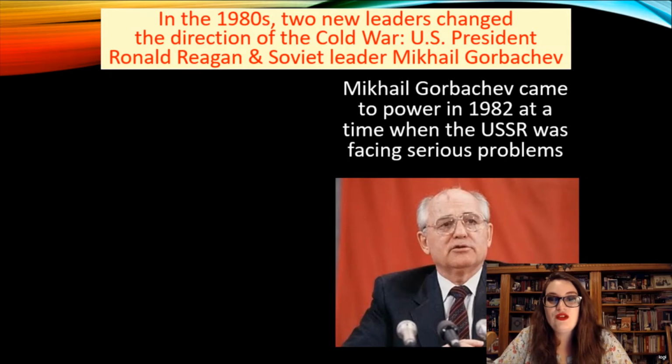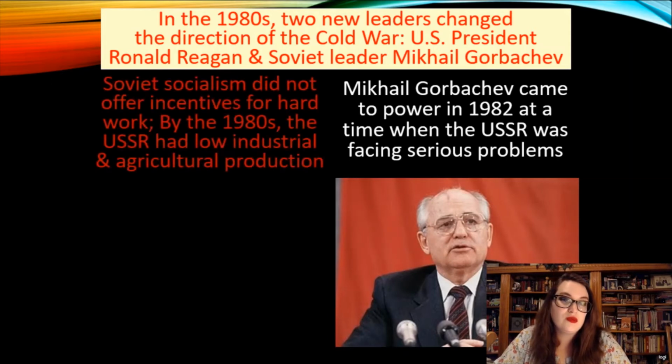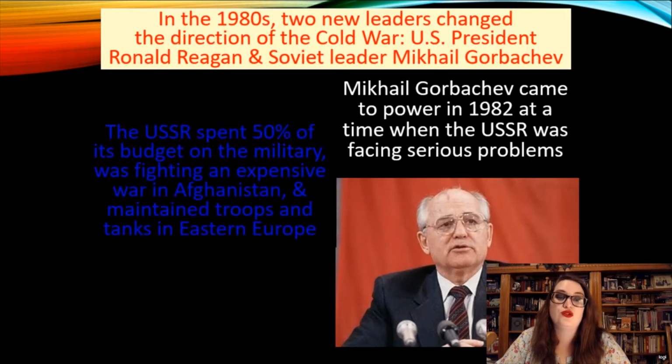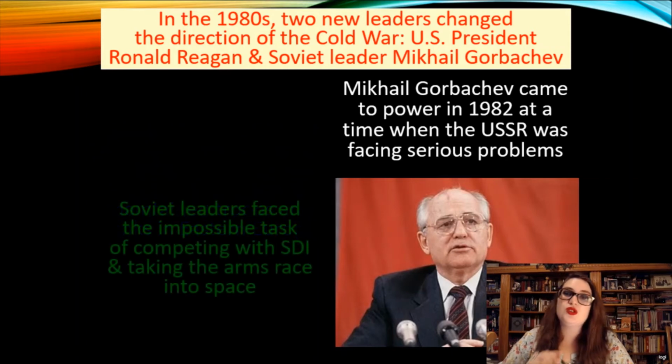Now, Mikhail Gorbachev came to power in 1982, at a time when the Soviet Union was facing a lot of serious problems. Soviet socialism did not offer incentives for hard work, so by the 80s, the USSR had low industrial and agricultural production. The Soviet Union spent 50% of its budget on the military and was fighting an expensive war in Afghanistan and maintained troops and tanks in Eastern Europe, so they were spread pretty thin.